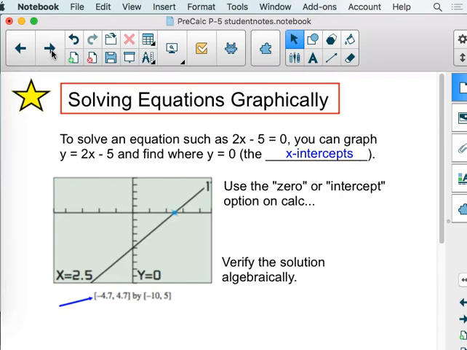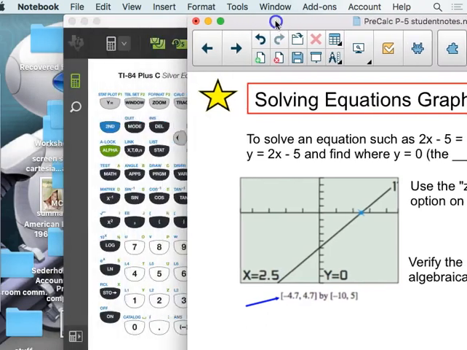It says use the zero or intercept option on the calculator because what we want to find is this right here, the x-intercept, that little blue star looking. That's what we want to find. And like it says, verify the solution algebraically. Well, take a look at it. It's 5 halves. I mean, we know that. But let's get that in our graphing calculators.